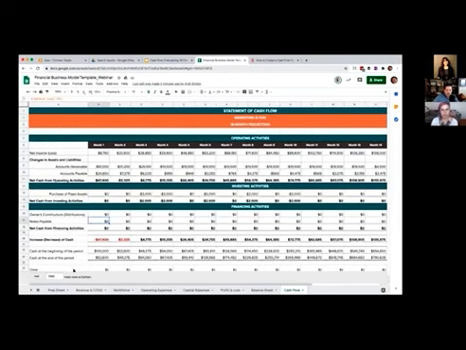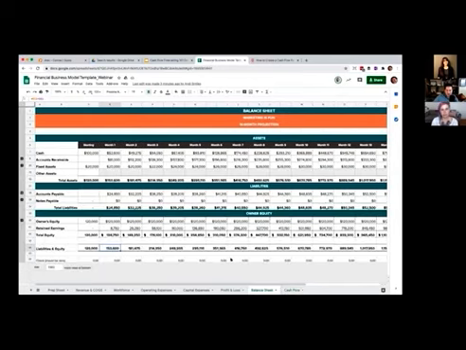You might worry about breaking things when you're customizing your spreadsheet. This number here at the bottom should always be 0. This is our checksum. It makes sure that our assets and our liabilities and our cash all tie out. So if you change things and this number is still looking good, chances are your model is okay. If now there's a value in here, you might have screwed something up.